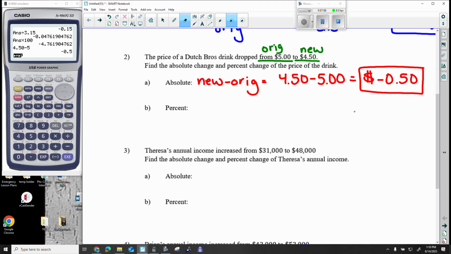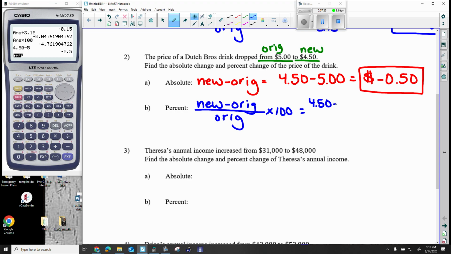I digress. Let's go ahead to the percent. The percent is going to be the new minus the original, divided by the original, times 100.